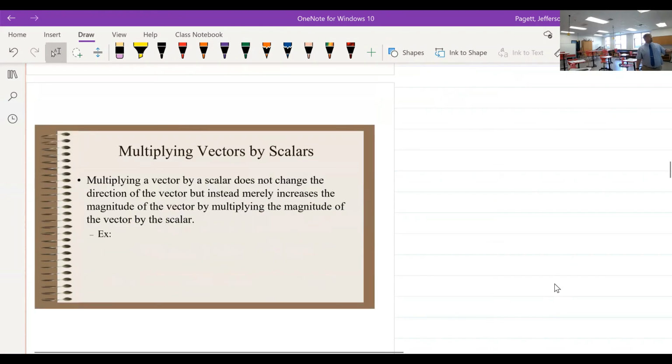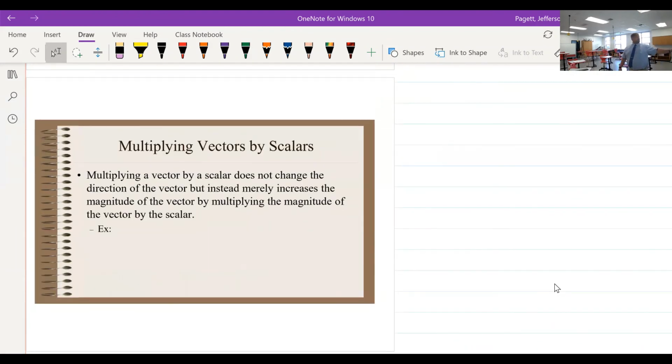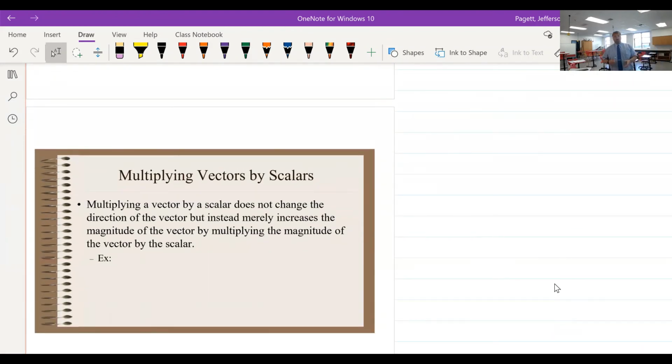The last thing we're going to talk about today is called multiplying vectors by scalars, okay? This is, again, really simple, really easy. So let's say that I have my vector A. Let's say we have 3 steps east. And I'm still going to draw that. So there's my 3 steps to the east.